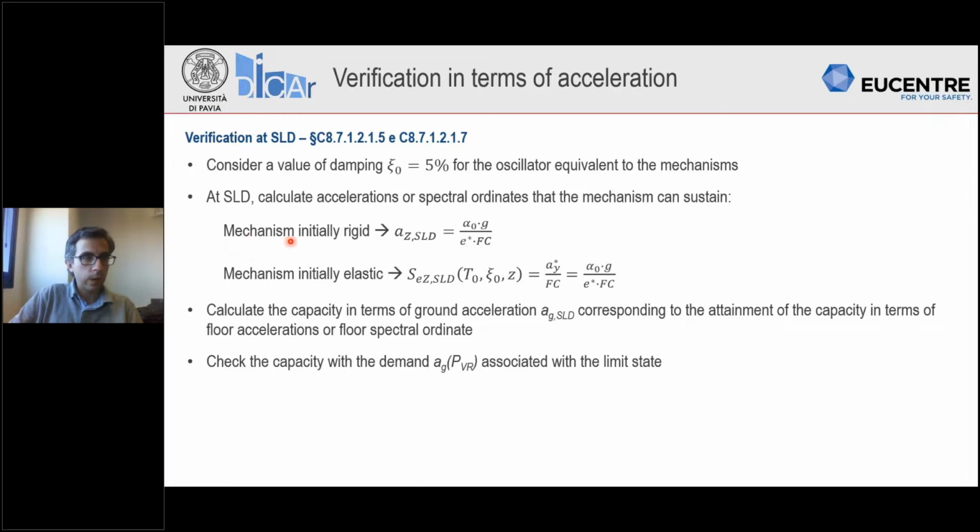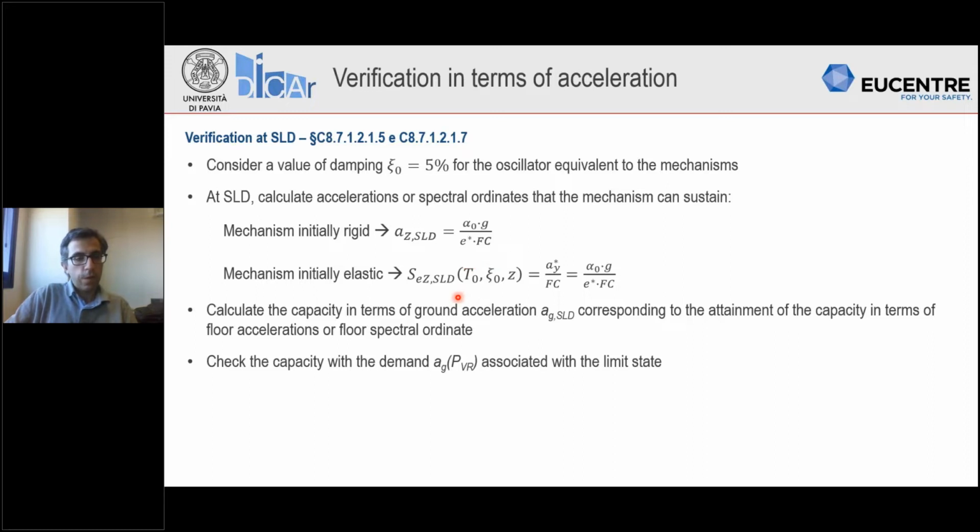A situation where the mechanism is initially rigid. In this case, this expression is representing the capacity in terms of acceleration. If the mechanism on the other side is initially elastic, so the mechanism is free to vibrate, this expression is representing the capacity in terms of spectral ordinates corresponding to the period of the element T0.